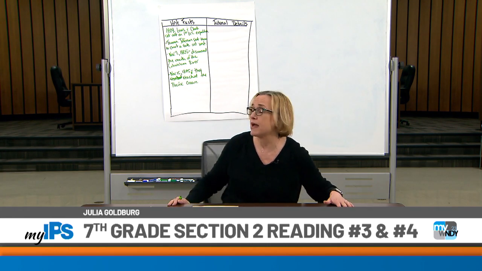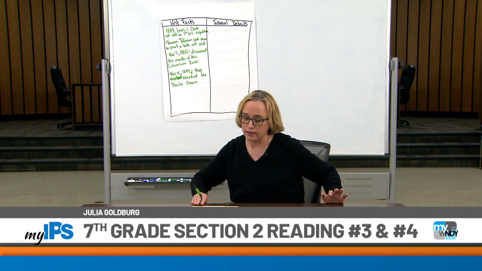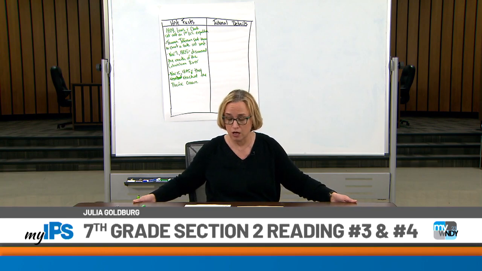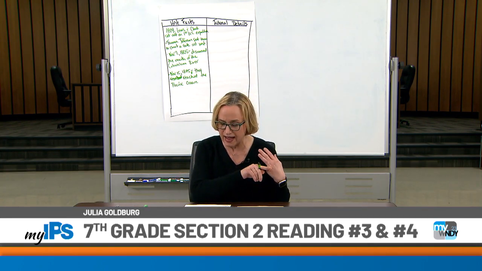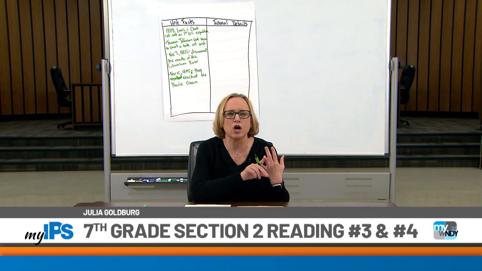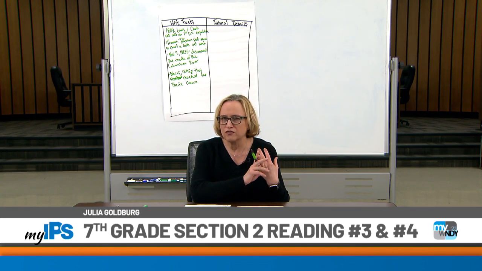And then we're going to come back to this chart when we're done. Okay. I'm going to read this quickly to you, so follow along. Here we go. Get ready to underline our facts that are similar to the story we just read. Not story, but the account that we just read. And star any elements that you know are fiction.